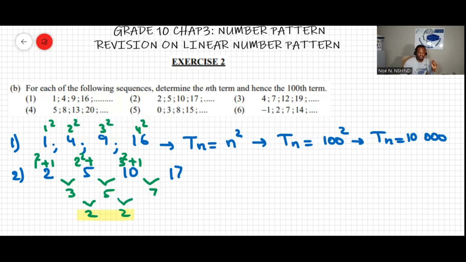And then 17 is 16 plus 1, 16 is 4 squared, and then plus 1 makes 17. So we can say here that the pattern Tn will be equal to n squared plus 1. So it is a square number with 1 added to it.